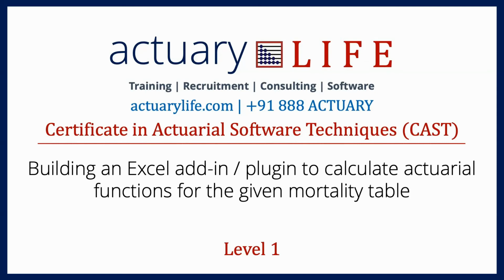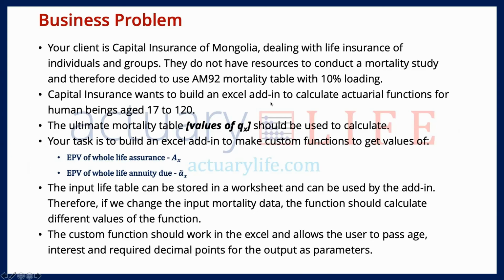In the project, it was told to you that all you have to do is use the QX data which is given to you. Some story was there along with the project about your client being from Mongolia and all that, but I guess you're smart enough to understand this is just to engage you. Of course, the important thing is to comprehend the information which is given, and it clearly says that it is to calculate the actuarial function for human beings aged 17 to 120.